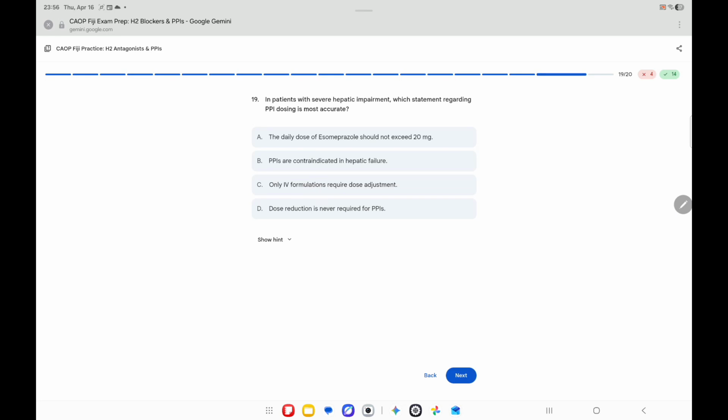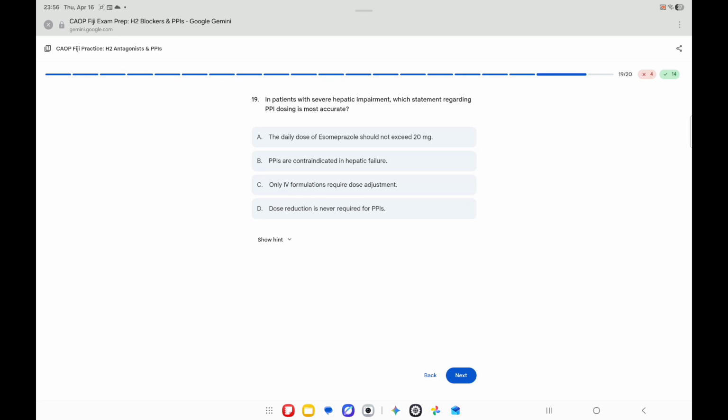In patients with severe hepatic impairment, which statement regarding proton pump inhibitor dosing is most accurate? Let me tell you one thing, in severe hepatic impairment, dose should be reduced, while for H2 receptor antagonists, dose is to be reduced in case of renal impairment.